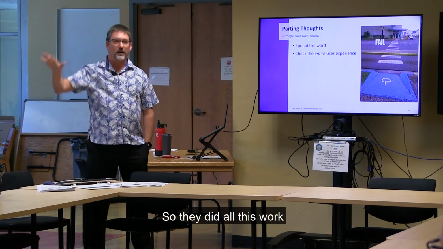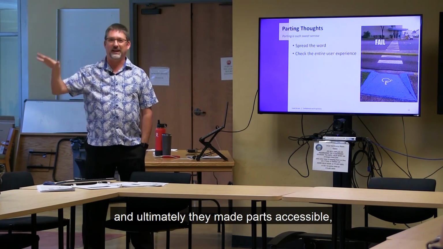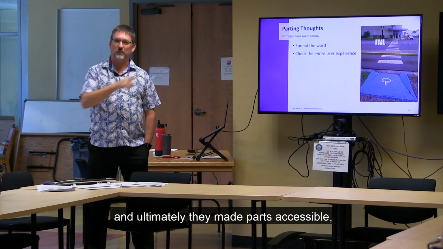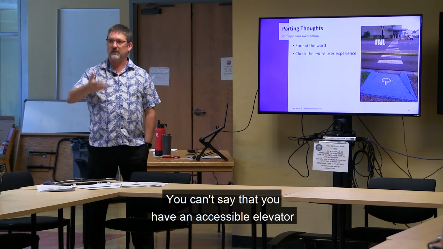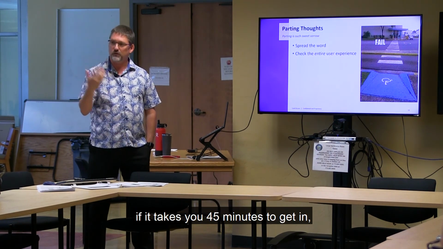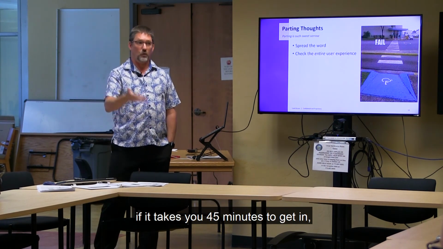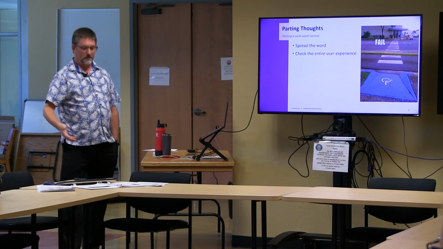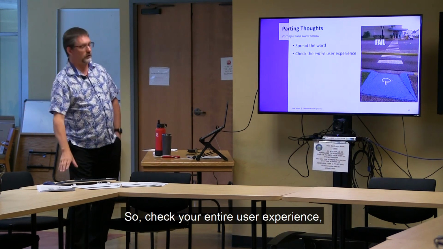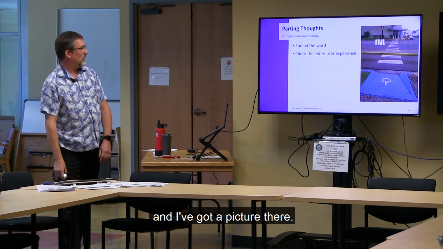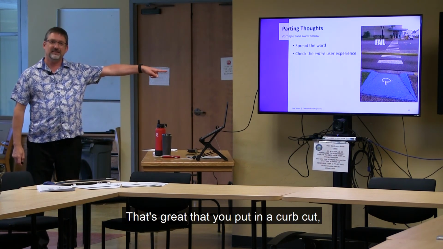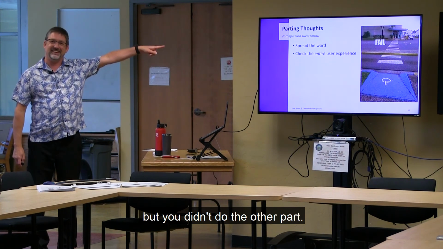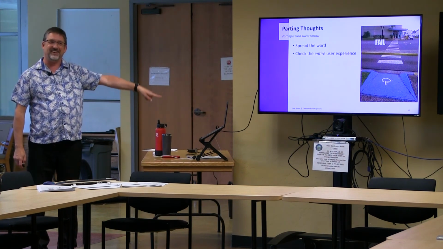So they did all this work, and ultimately they made parts accessible, but not the entire flow. The whole thing isn't accessible. You can't say that you have an accessible elevator if it takes you 45 minutes to get it because you're waiting in line. So check your entire user experience. And I got a picture there. That's great that you put in a curb cut, but you didn't do the other part.